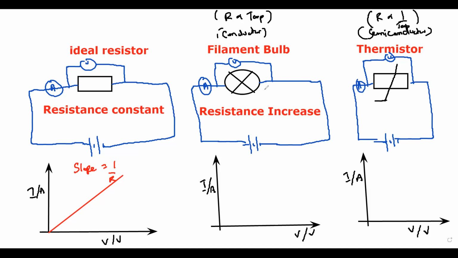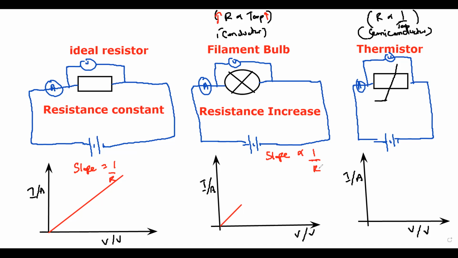But what happened for a filament, when we switch on the filament and we increase the voltage, initially the current also increases. But then, because a filament is made up of a metal, tungsten, and for metal, when the temperature increases, its resistance will also increase.